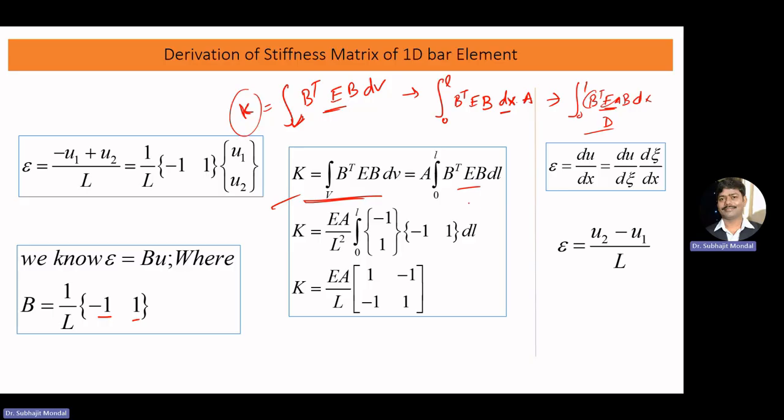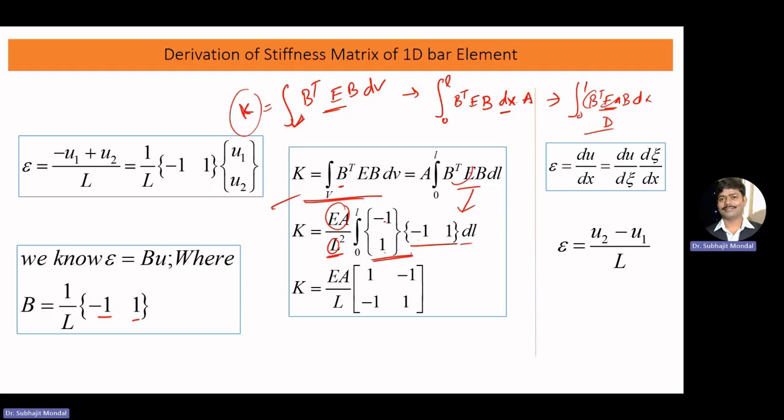So here we can put the value of B and we can write like this. Here we have B, minus 1 by L and 1 by L. So here we are writing minus 1 1 by L, keeping 1 by L outside. Again we have B, so minus 1 1 by L, so here we have L square. E and A are constant terms, so we are keeping them out of the integration.